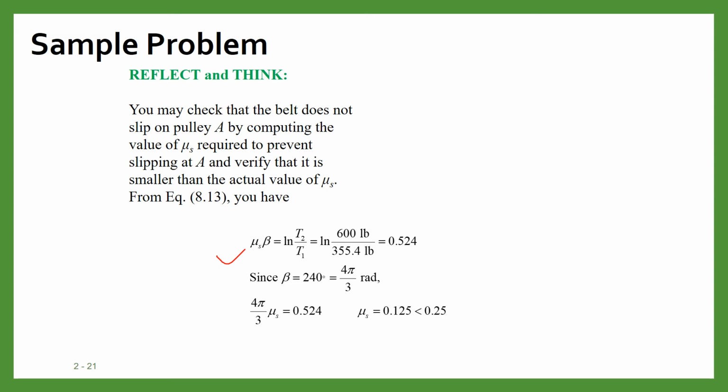Now this beta for the bigger pulley is 240 degree, which is 4 pi by 3 radians. From this we can calculate mu s, and mu s comes out to be 0.125, which is much smaller than the maximum friction coefficient, 0.25. So we can say that the slippage would not occur on pulley A.